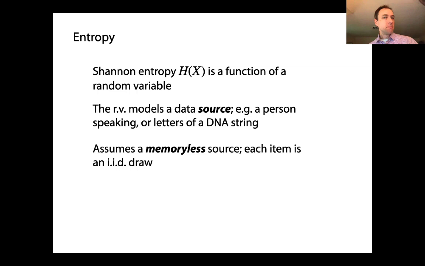So this is a not very sophisticated model, and we'll come back to this. We'll try to look at models as well that consider that the letter or the utterance at one point in time probably depends on the previous. We'll deal with those later. For now, we're dealing with memoryless sources.